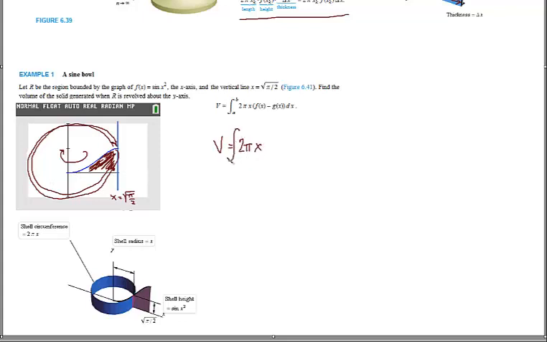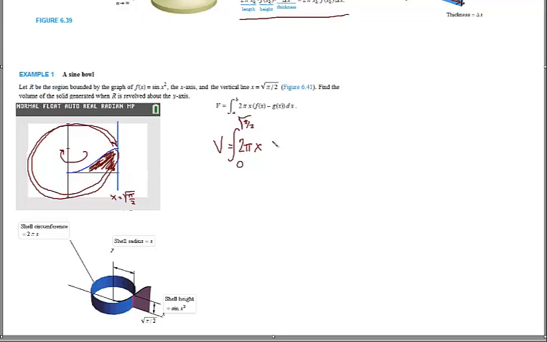My limits of integration will be from 0 to the square root of pi over 2, and my function height, this one is just this function itself, which is sine of x squared, and then the x-axis.